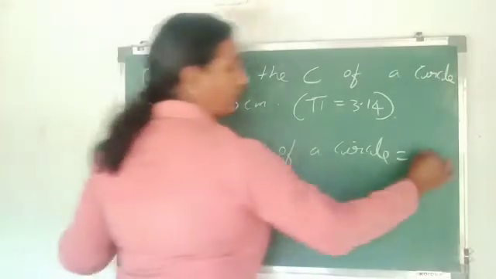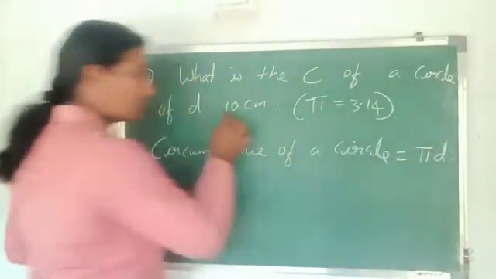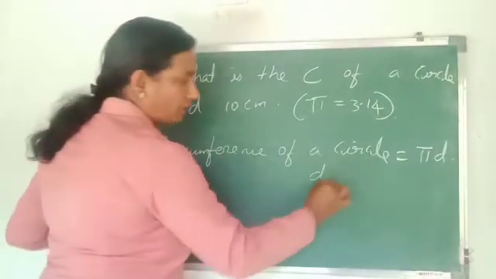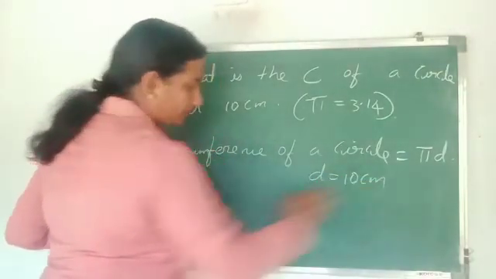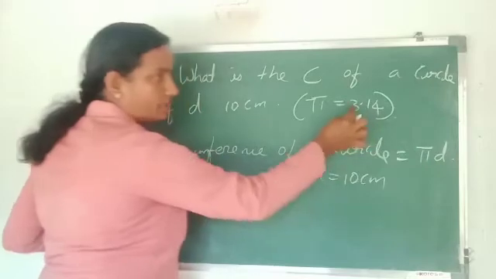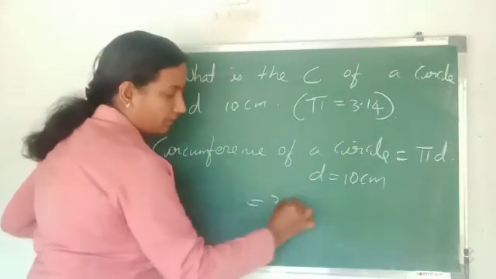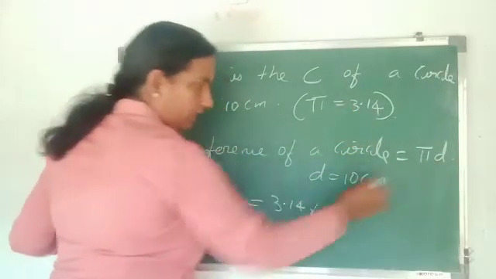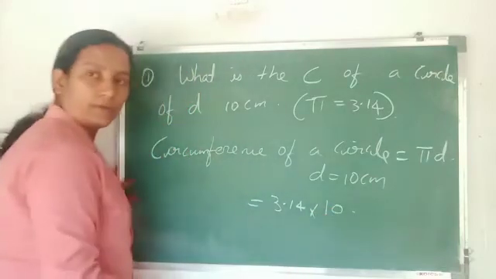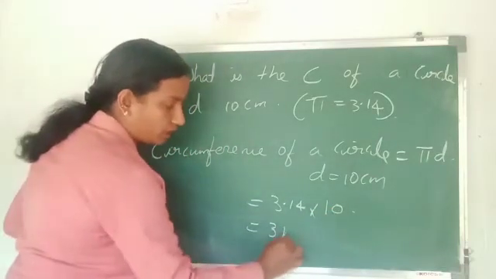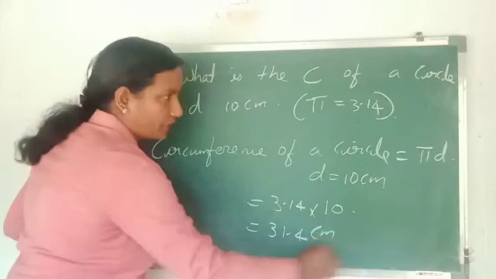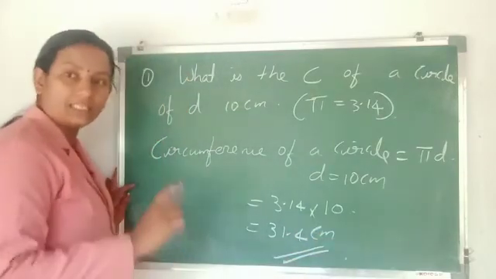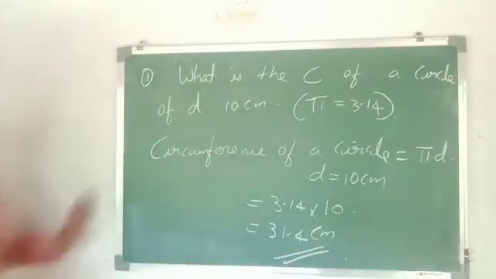D. So we take the equation pi D, because D is given. D is equal to 10 centimeter. Therefore circumference equal to 3.14 into 10, it is equal to 31.4 centimeter.